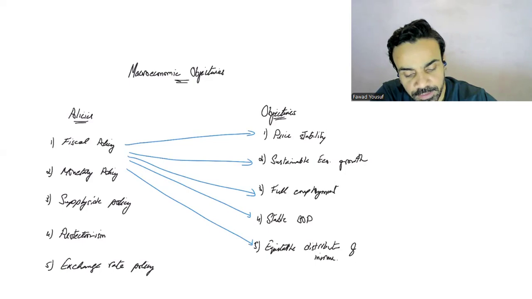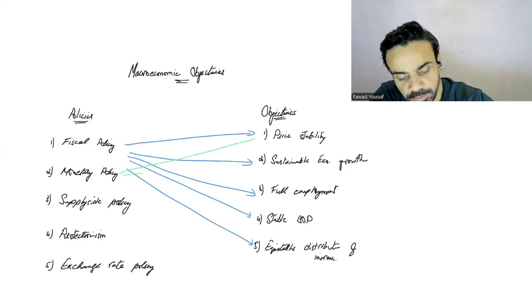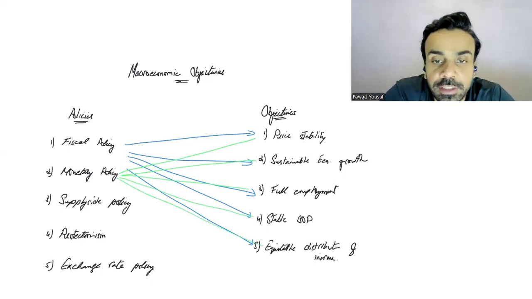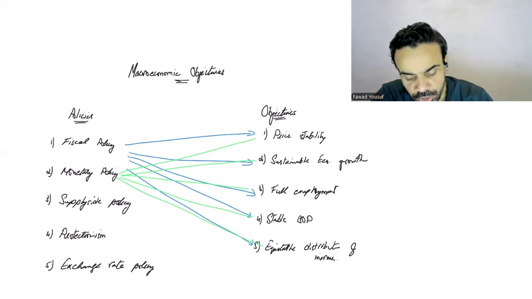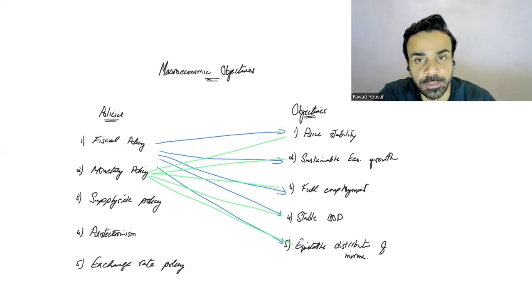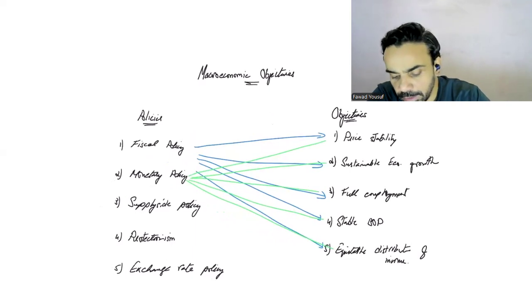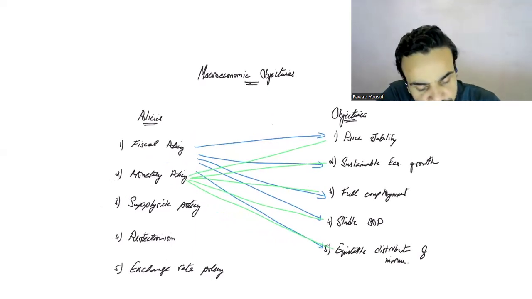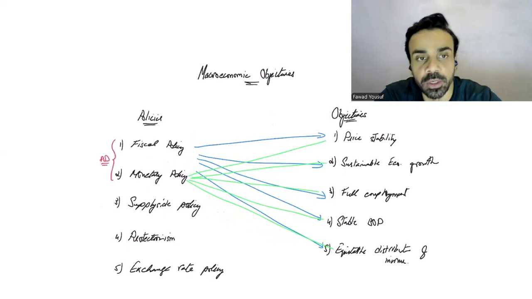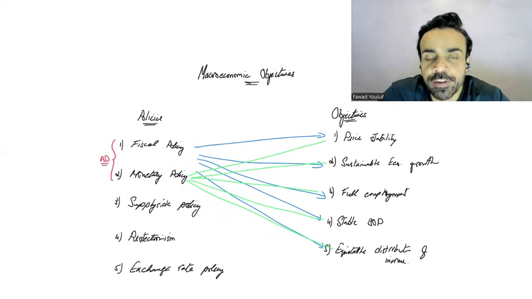Similarly, after that, how monetary policy can achieve these five particular objectives. As far as fiscal and monetary are concerned, the thing with these two, which simplifies a lot of stuff for us, is that these two policies are demand side policies. It shifts your aggregate demand.